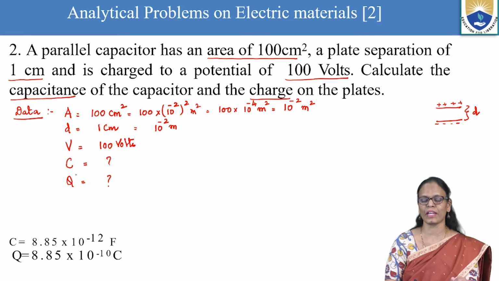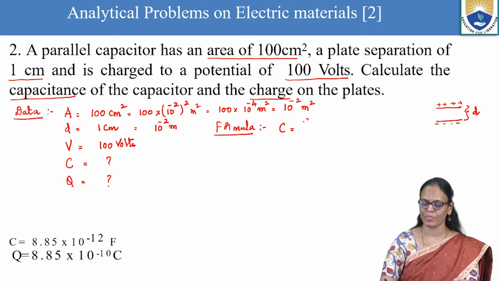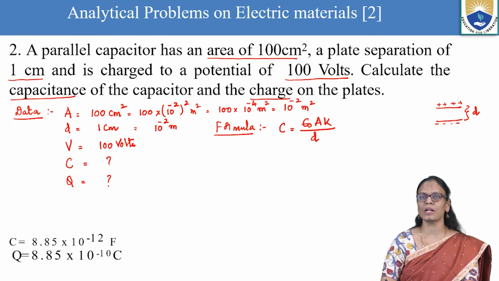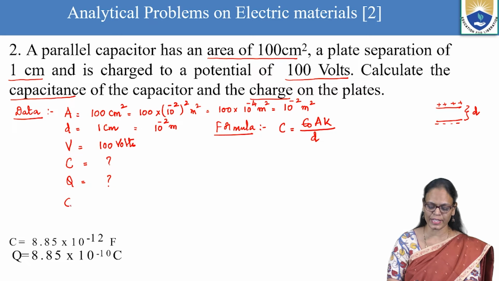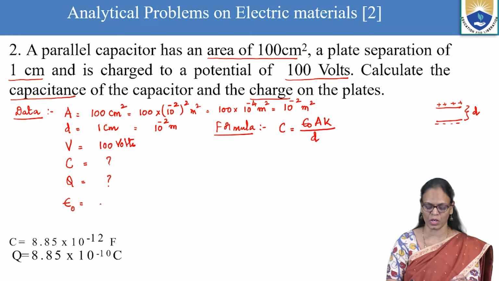Voltage is given, C we have to find. Now let us write the formula. What is the formula we have for capacitance? C is equal to epsilon naught A K upon D. Here epsilon naught is a constant we have already discussed while discussing the formula. Epsilon naught is the permittivity of free space, which is a constant.